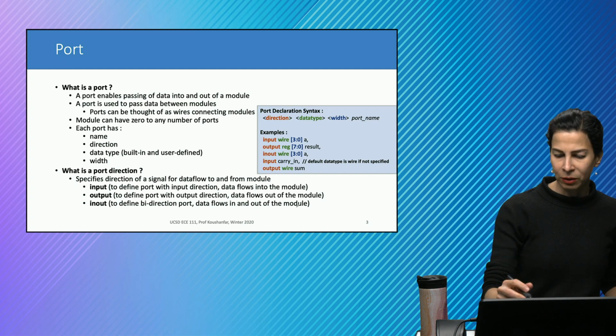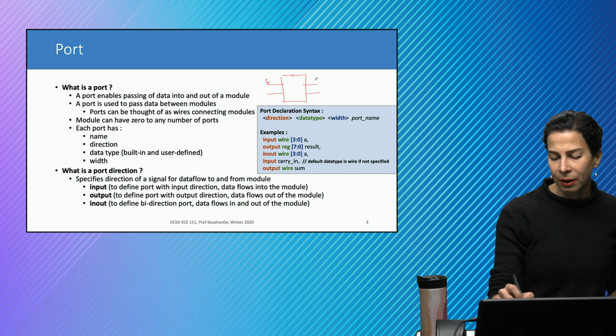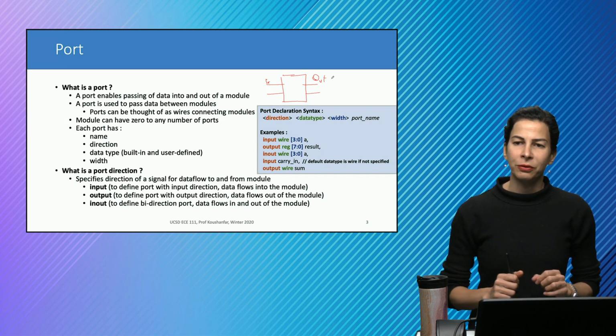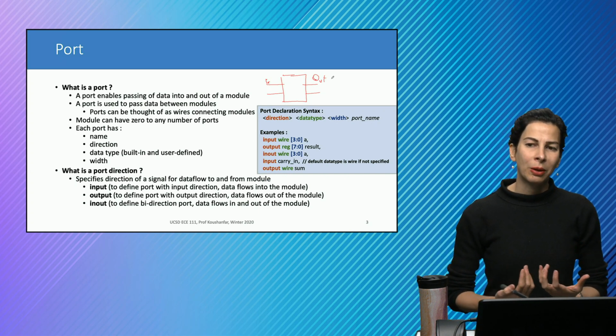I'm sure you all remember, usually how we make the module block diagram is by showing the inputs on this side, so the data is flowing in from here, and the output here, the signals go out from there. We could specify an arbitrary number of inputs and outputs for each module.